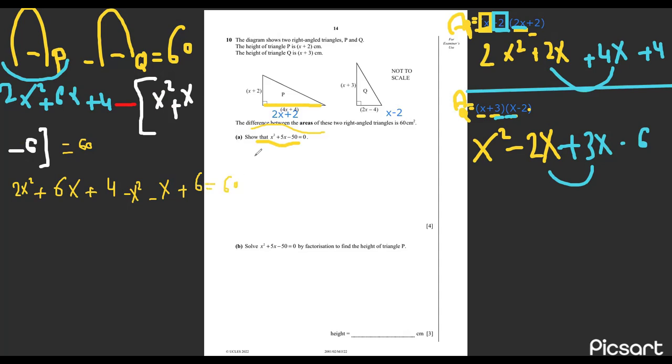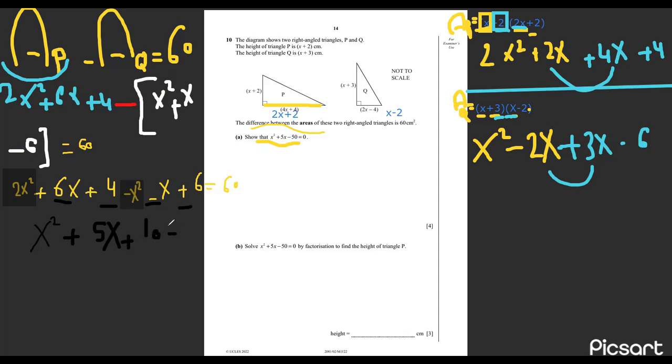Let's merge the like terms. Here we have 2x squared and minus x squared, so it will be x squared. Then 6x minus x is 5x, and 4 plus 6 is plus 10.